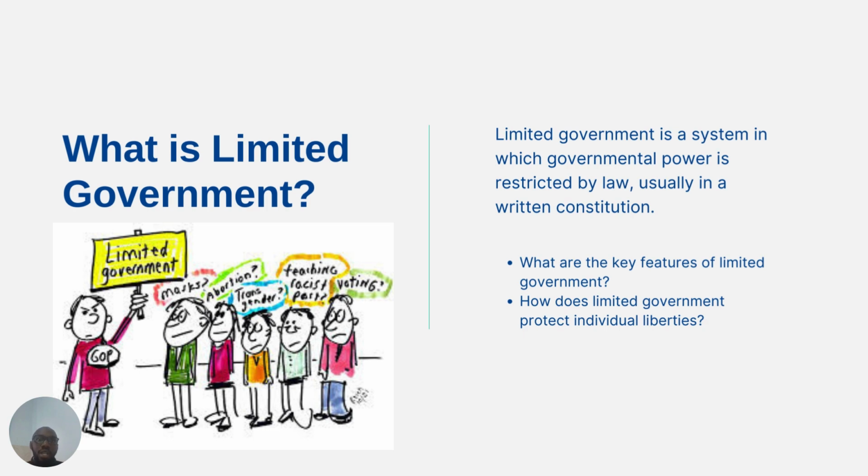And of course, we know that a constitution is the aggregate of fundamental principles or established precedents that constitute the legal basis of an organization or any other type of entity, and commonly determines how that entity is to be governed, in this case, like the government or like a country.